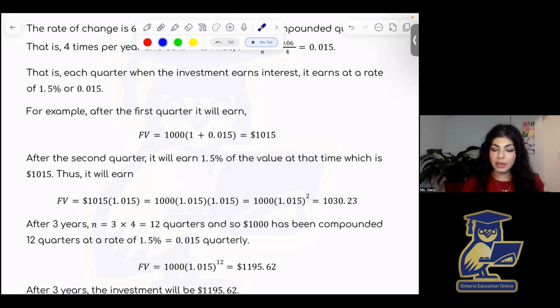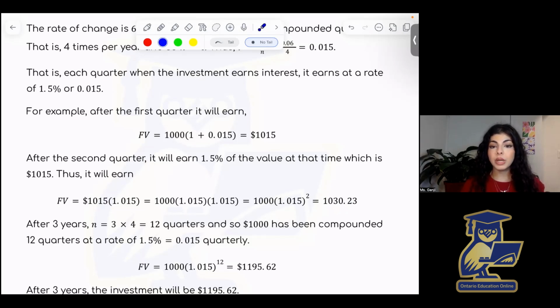And so if we combine these two using exponents, we have 1.015 to the power of 2, which also makes sense because it's 2 quarters that have passed. And so now, after 2 quarters, we have $1,030 and 23 cents.